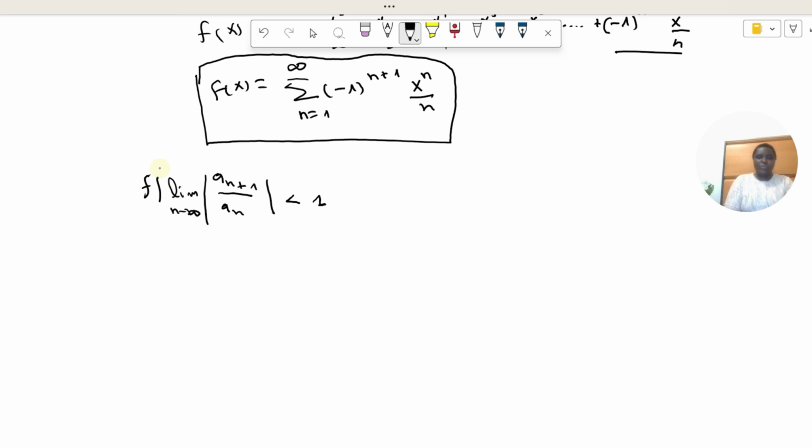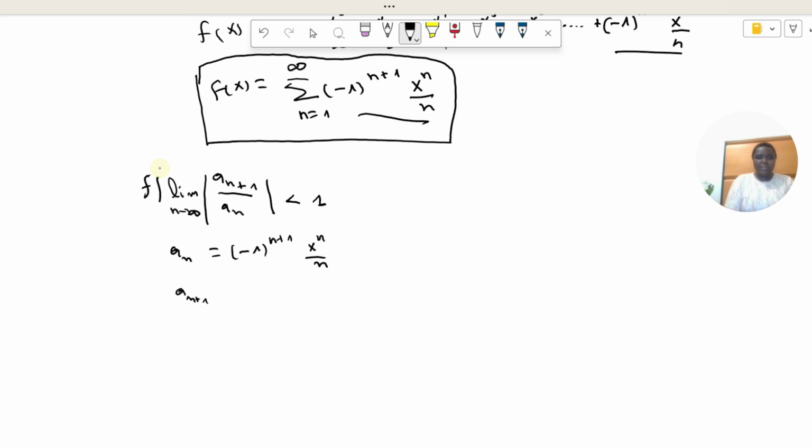So what do we do? The term number n will be equal to minus 1 power n plus 1, x power n over n, as it is given here. But what about the term a n plus 1?